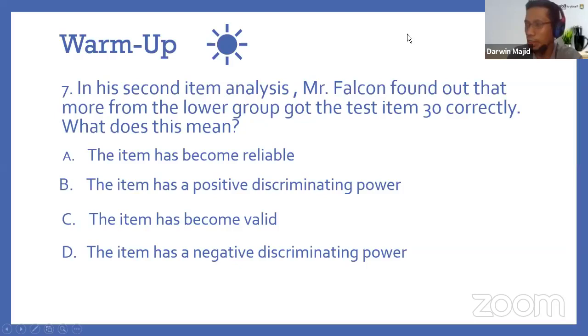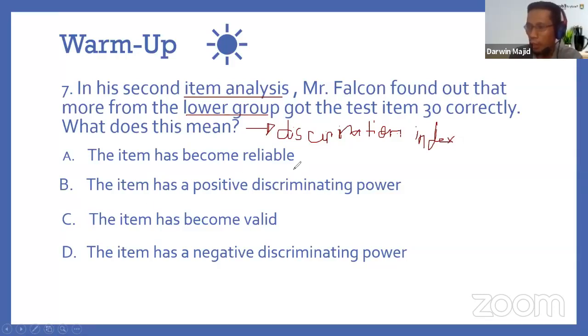Okay. So, this question has something to do, let us analyze. Again, this is about item analysis. Then, it involves the lower group. So, we are basically talking about the discrimination index. Pagpasensyahan po, medyo pasmado. Okay. The DI, not the dance instructor, but the discrimination index.